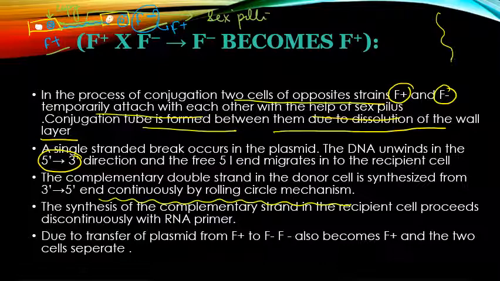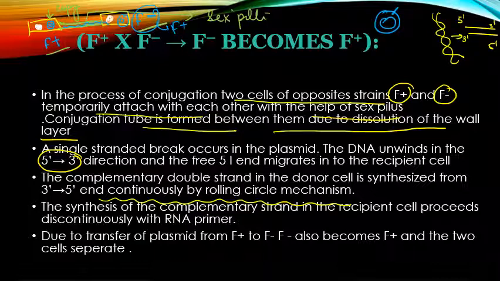Actually, DNA has two sides. If I open this DNA, it will look like this. One strand will be 5' to 3', another will be 3' to 5'. Clear? And the 5' to 3' single strand breaks. So here you see, this is double-stranded DNA, right? If I draw this F plasmid, it is like this. So what will happen? This single strand of DNA breaks.